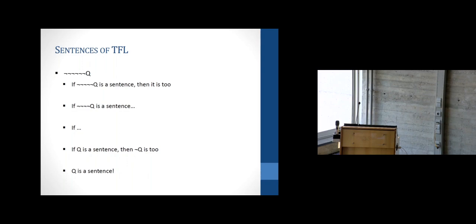I don't know. I need to go backwards until I get to Q. I know that Q is a sentence because it's an atomic sentence. Then I know that not Q is a sentence, and I know that not not Q is a sentence. So I can reapply negations according to the rule for constructing sentences until I get six nots Q, which is a sentence.